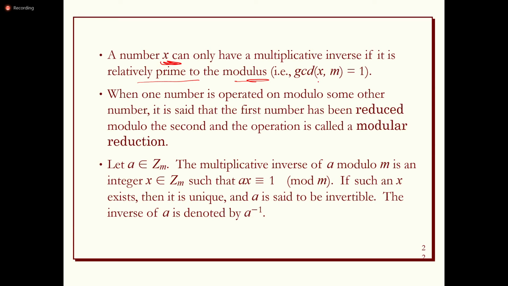Relatively prime is nothing but the GCD of the two numbers being 1. If the GCD of any two numbers is 1, then these two numbers are called relatively prime.